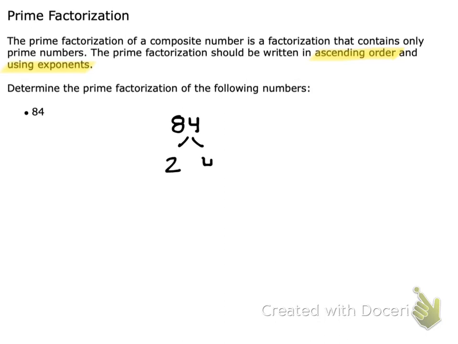Love it. 2 and 42. Once you have those 2 numbers, you're going to evaluate each branch of your tree. So is 2 prime? Yes. When you have a prime number, circle it, and then you're done with that branch. But 42 is definitely not prime. Two numbers that would multiply to 42.